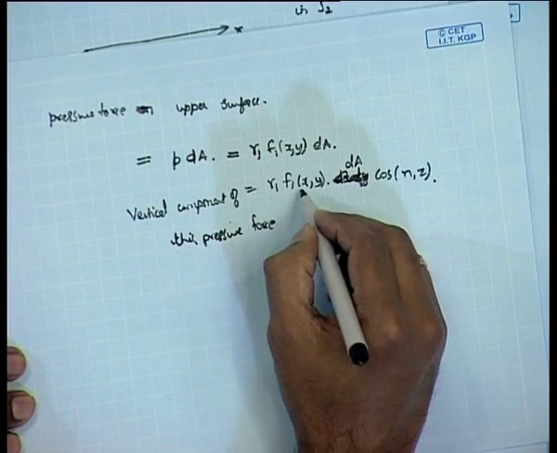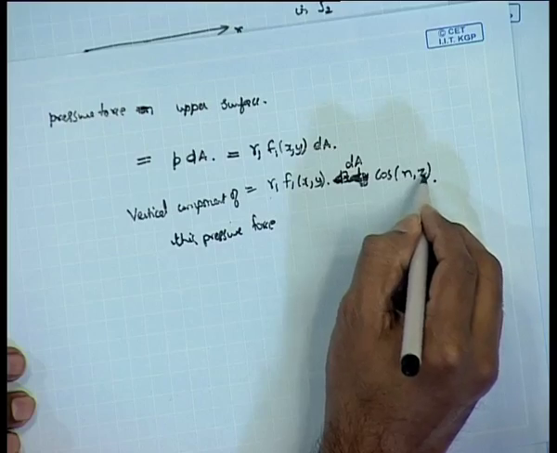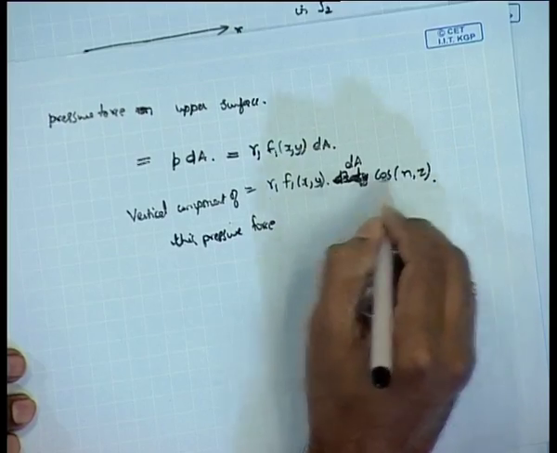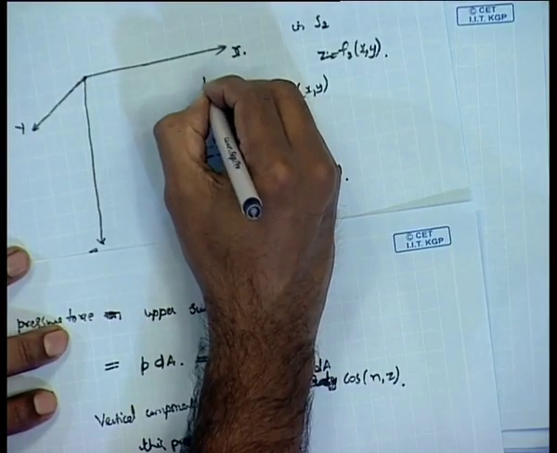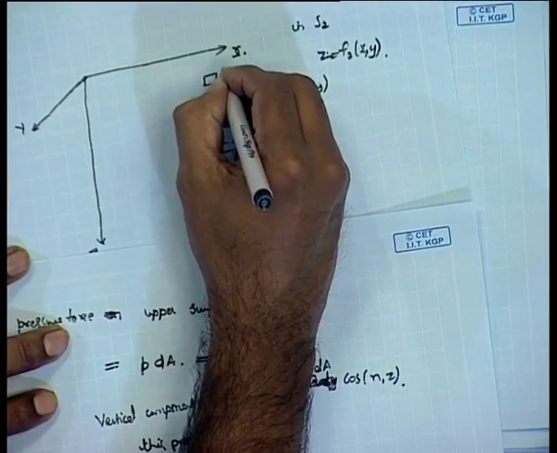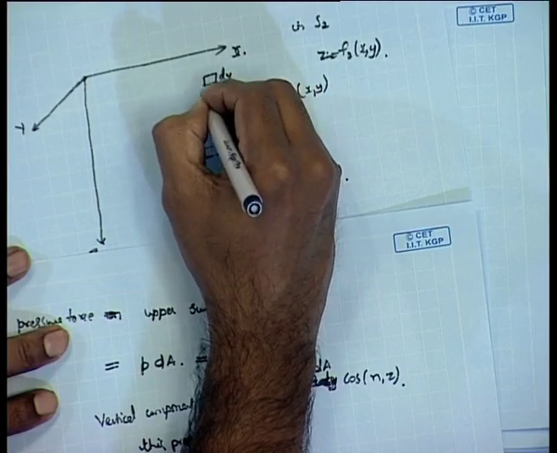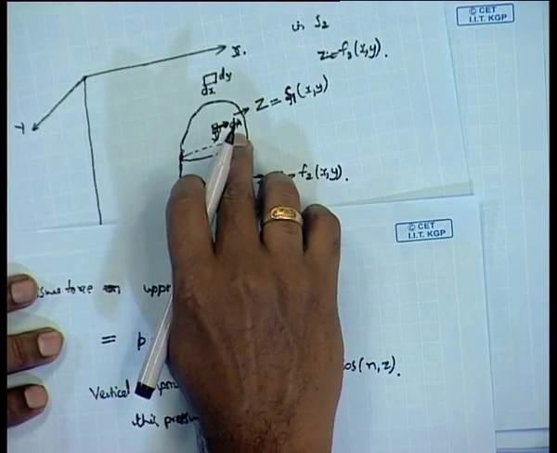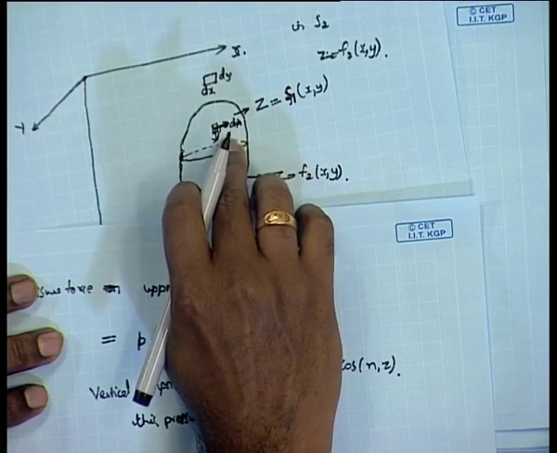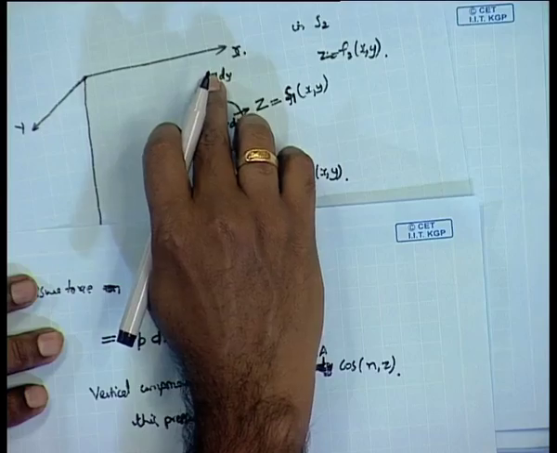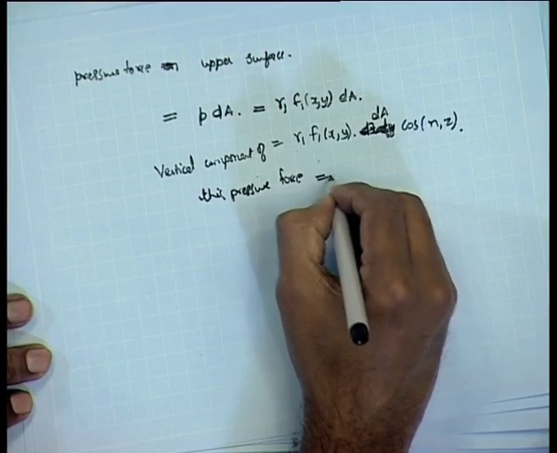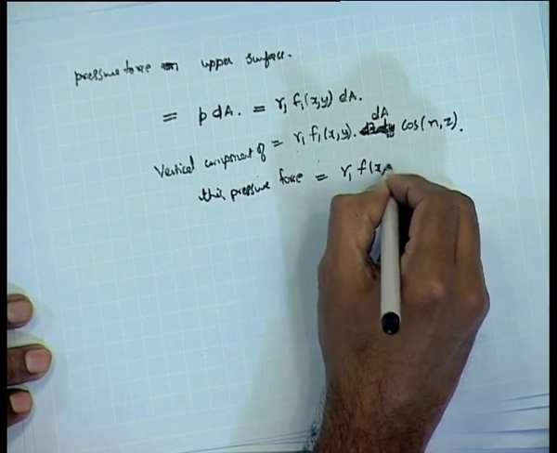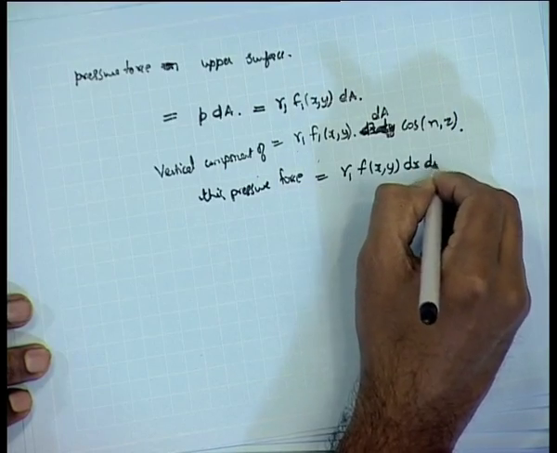Now, dA into cos nz is actually the projection of dA onto this plane, and that is dx dy. So it becomes gamma F1 of x y dx dy.